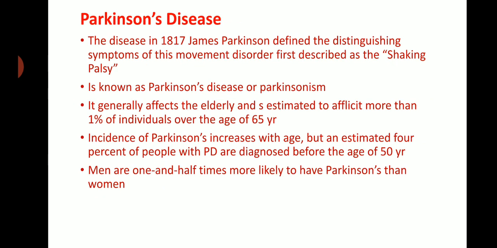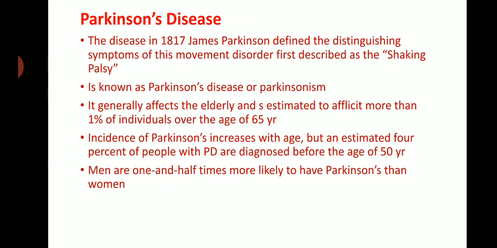In 1817, James Parkinson, the scientist who first described this disease, first named it shaking palsy. Afterward, on the name of the scientist, this disease came to be called Parkinson disease or Parkinsonism.